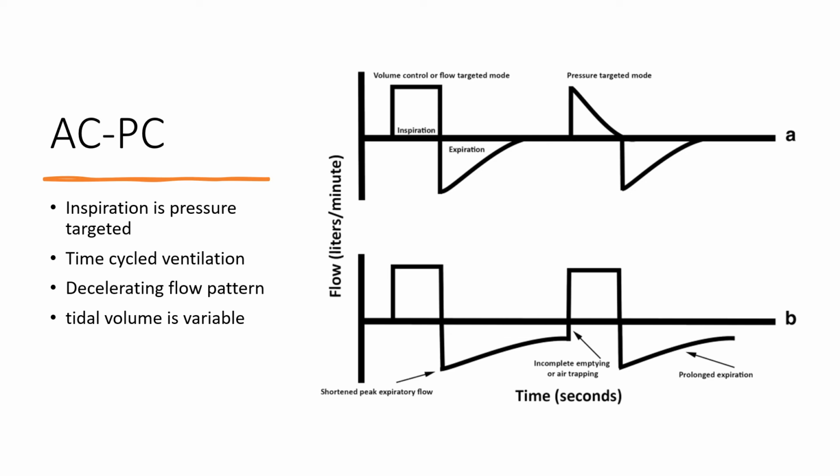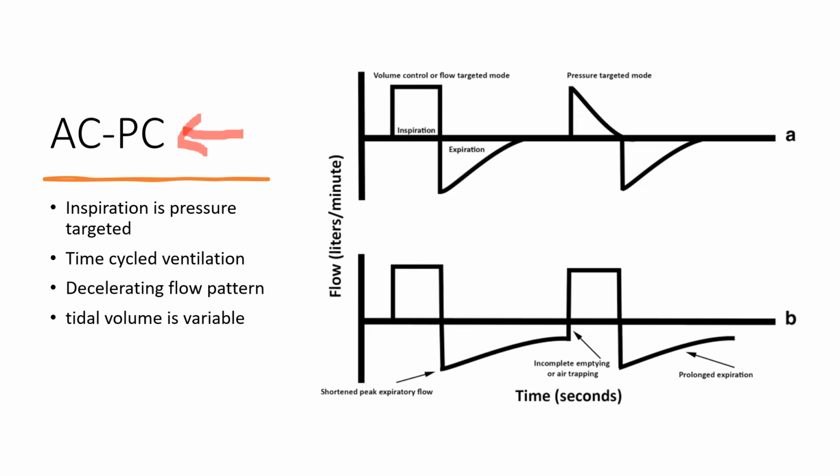The second type of assist control breath is what is known as pressure control ventilation. Pressure control. What that means is instead of setting a set tidal volume, you set a set peak inspiratory pressure. So the difference is that you set a respiratory rate, and you set a set inspiratory pressure.